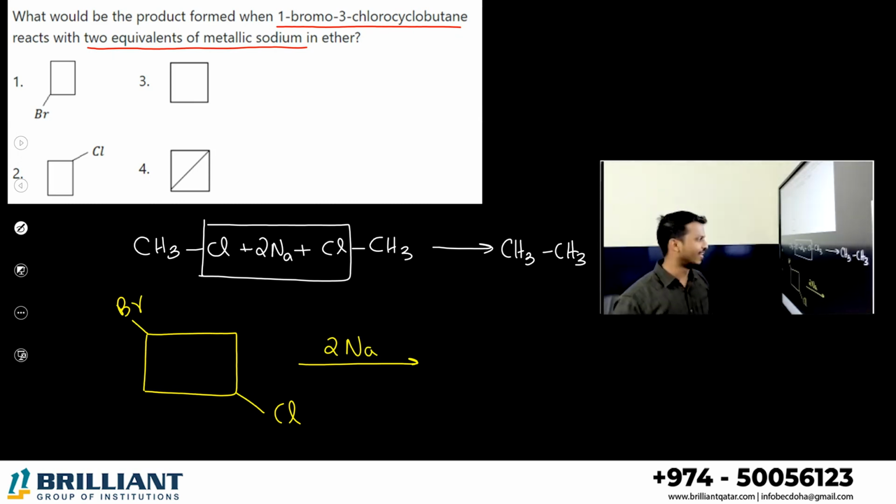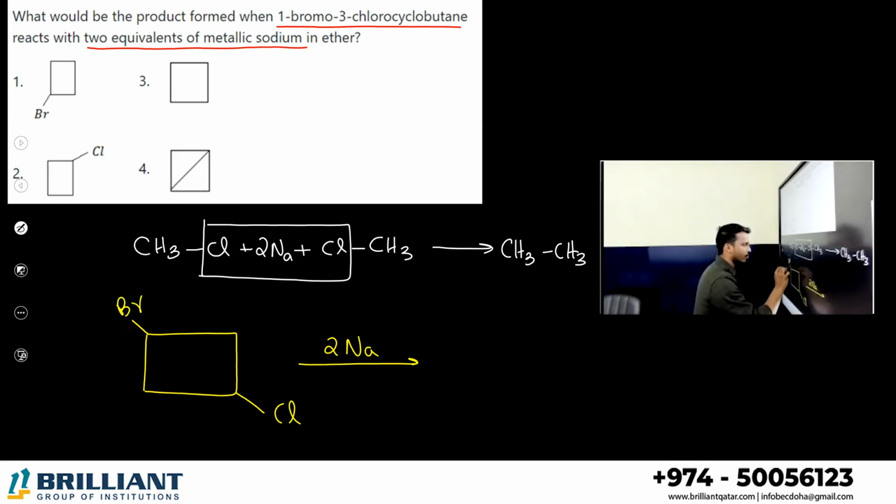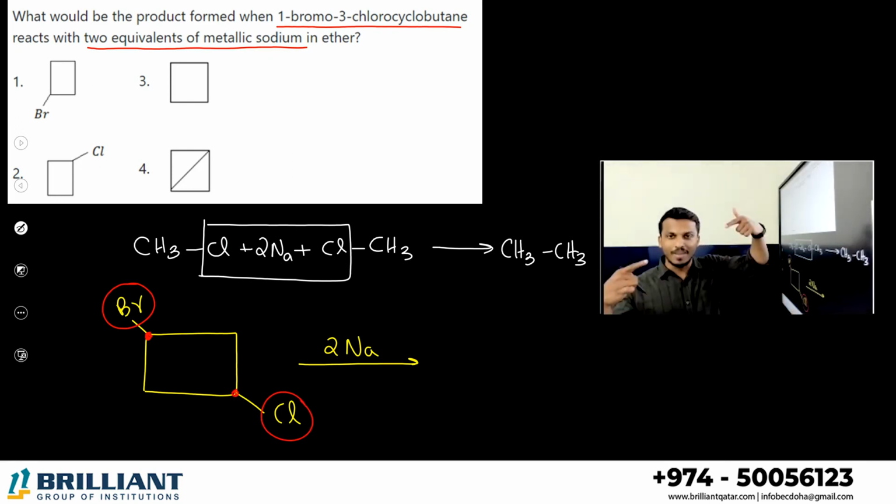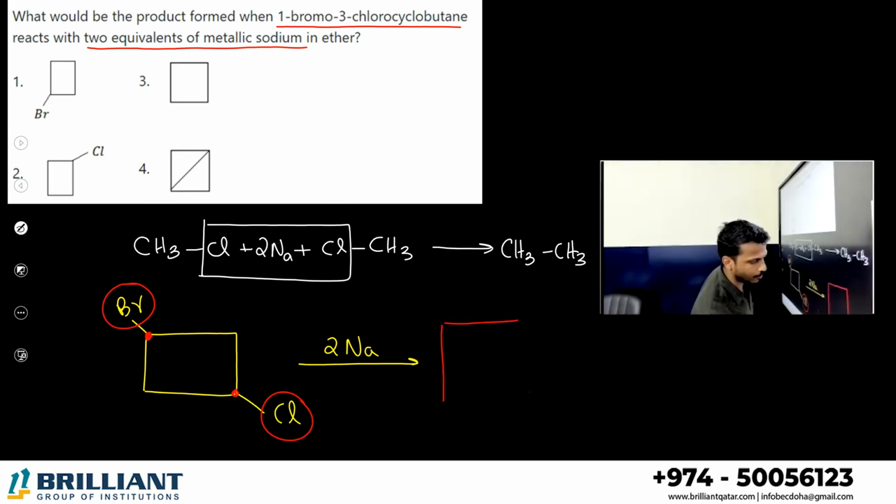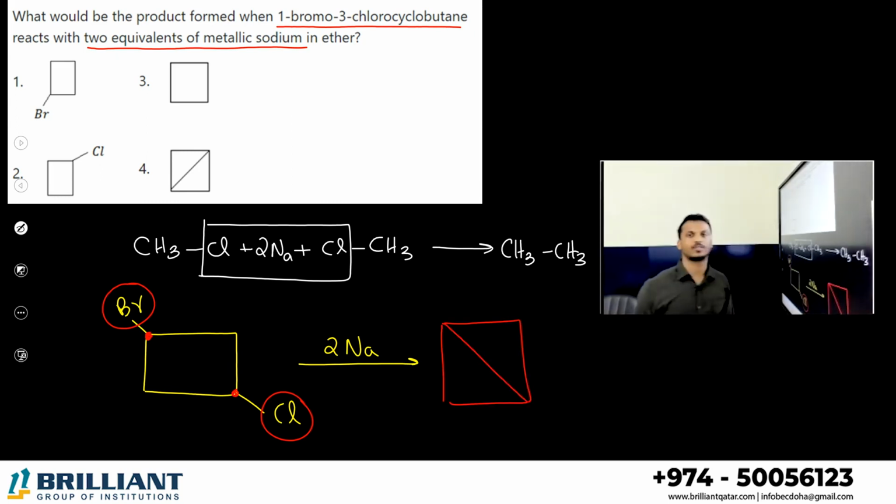We are not taking any other compound because within this compound both halogens are present. Make a connection between those 2 carbon atoms. So your product will be like this, a bicyclic compound. Your answer is option 4.